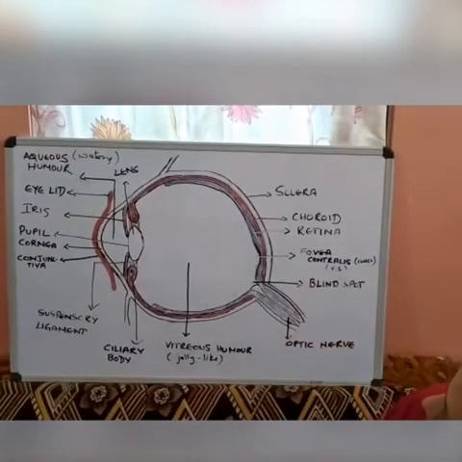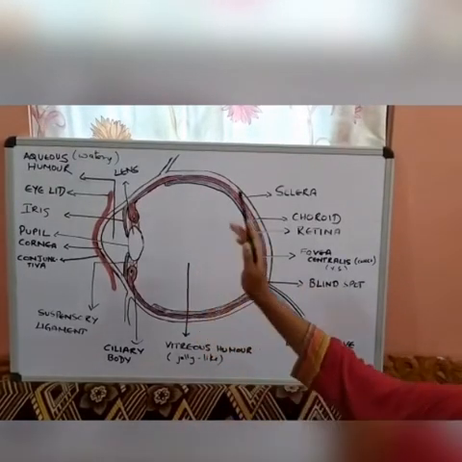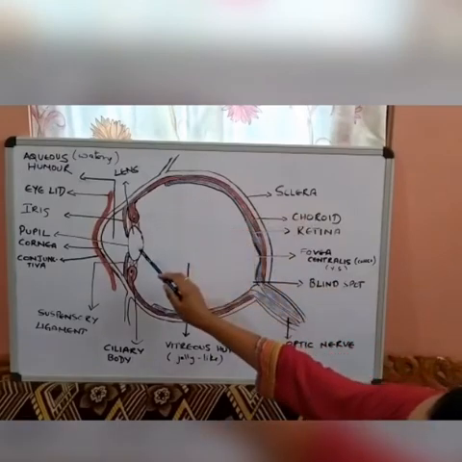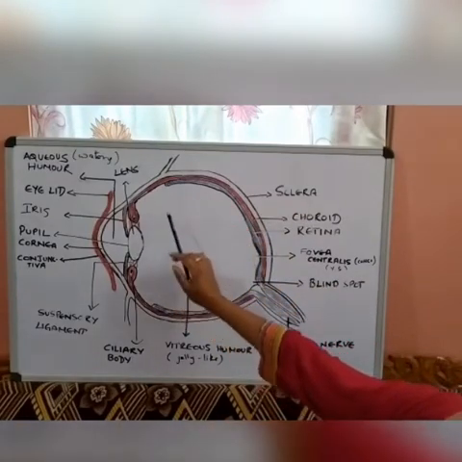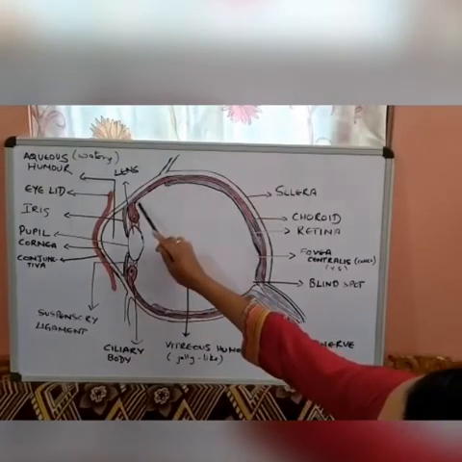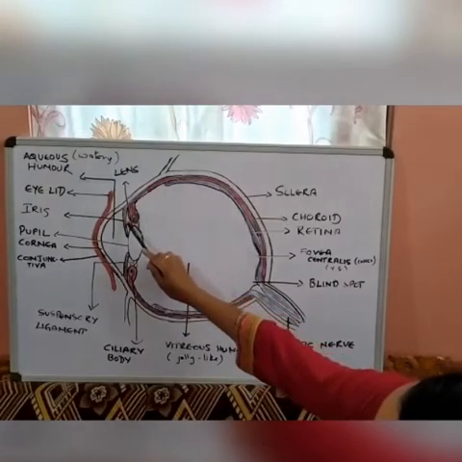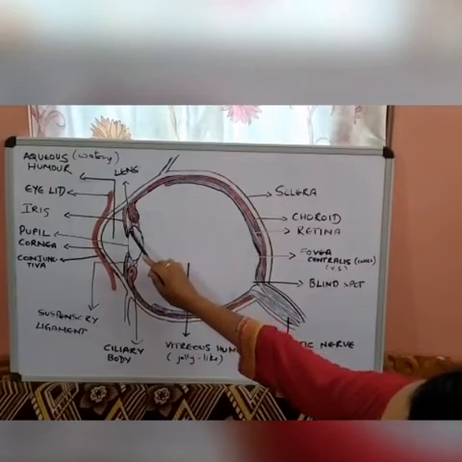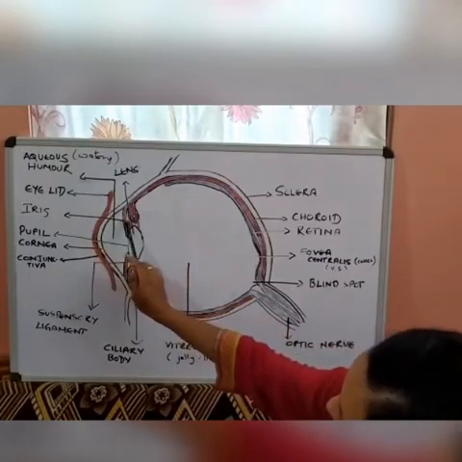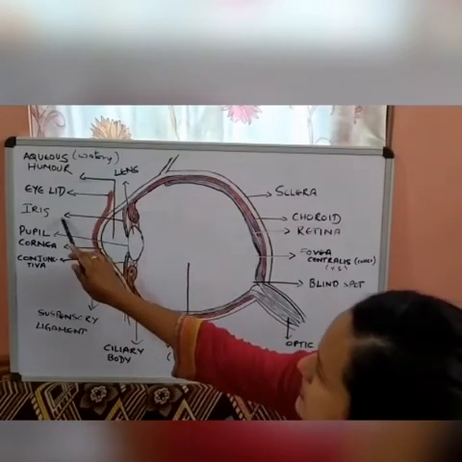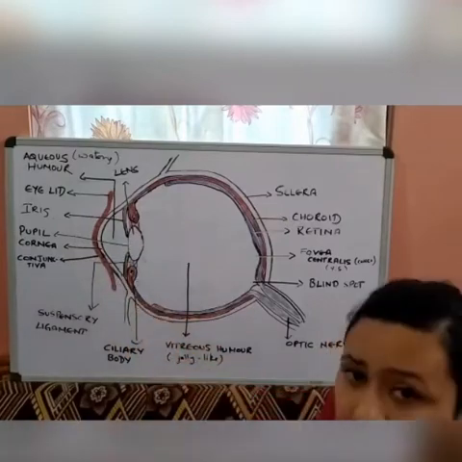Then in the front portion of the eye, the choroid forms a muscular structure which is known as iris. You can see that iris here. These two portions are known as iris.